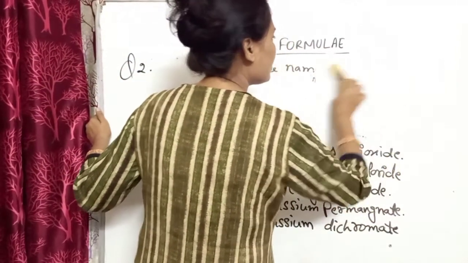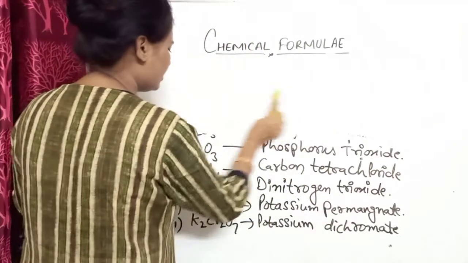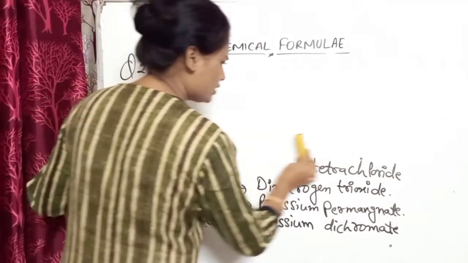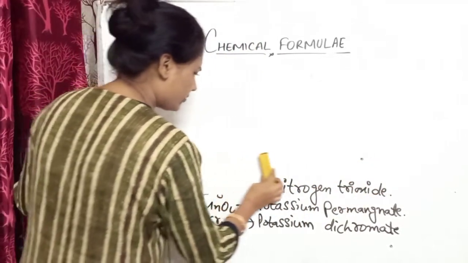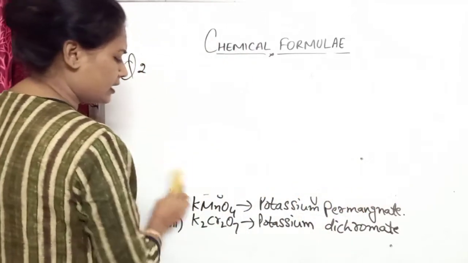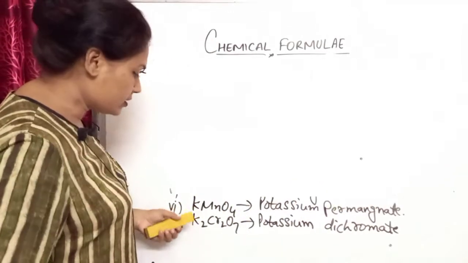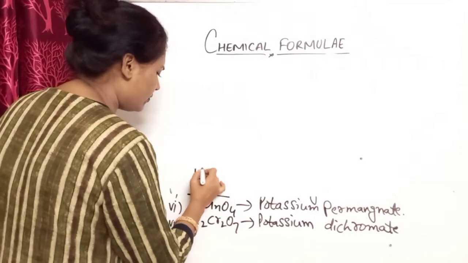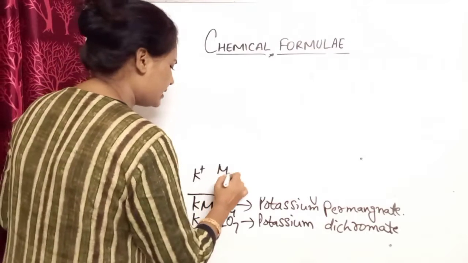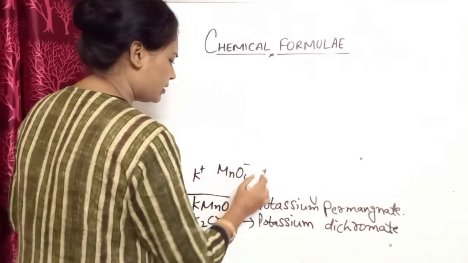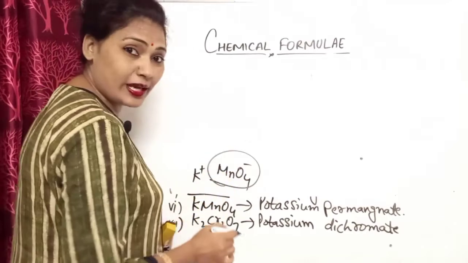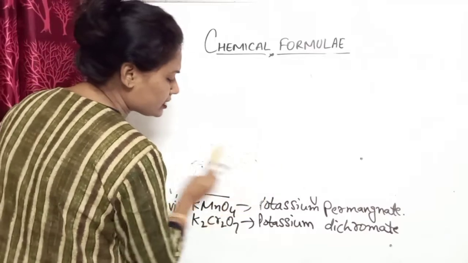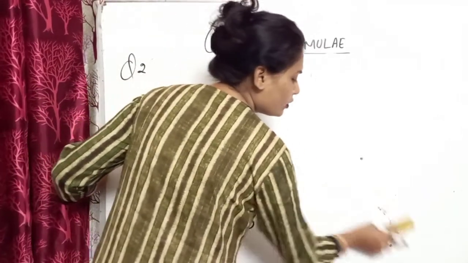And one question I have told you: if somebody asks, write the cations and anions present in it. So you can write the cations and anions easily. Like in KMnO4, if you have KMnO4, then the cation is K+ and the anion is MnO4-. See, this is a polyatomic ion. So it is an anion and it is a cation. Okay. So you can just write easily with the help of the formula.